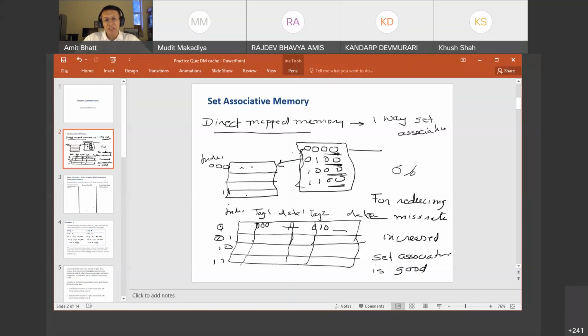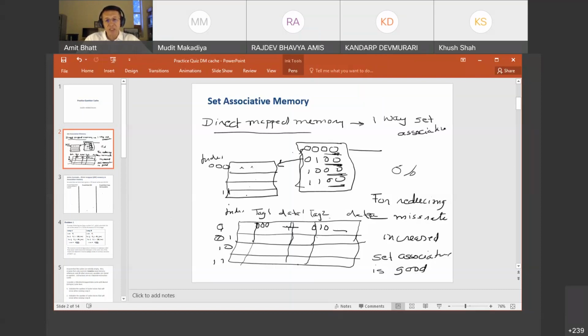Even though instructions had the same index bits, some of them can still be accommodated. It is not always the case, but it is generally considered that set associativity is good for reducing miss rate. But the other thing is that you will have a problem in searching for the word, because it will take more time.